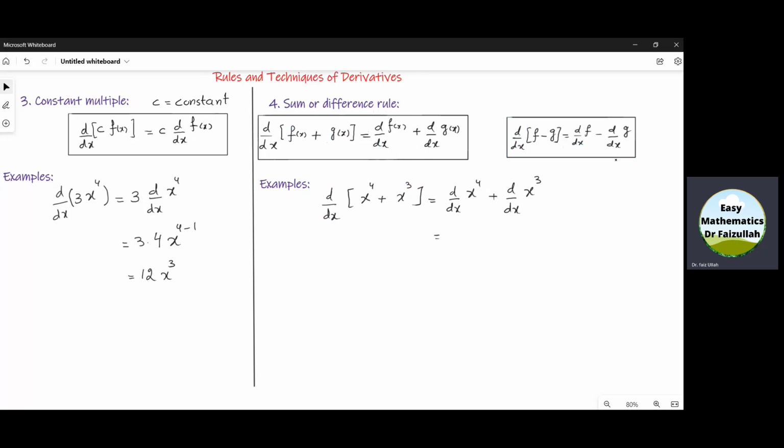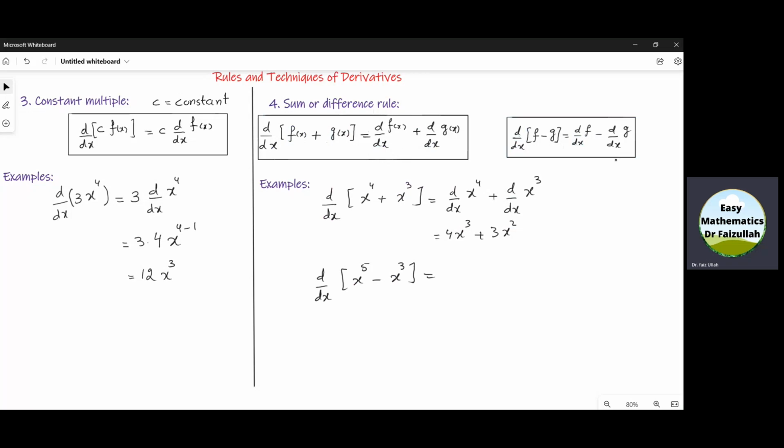From this, by using the power rule, we get 4x cubed plus 3x squared. Let us write another example in which we have a function x power 5 minus x power 3, and let us differentiate it.